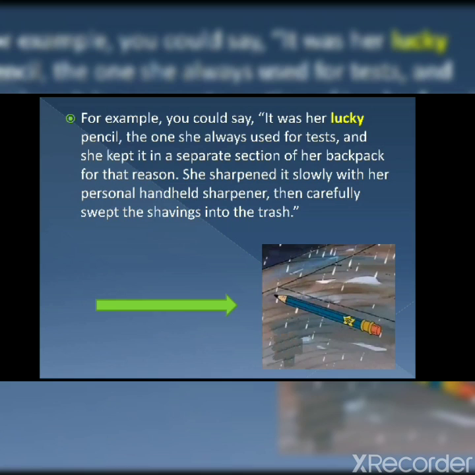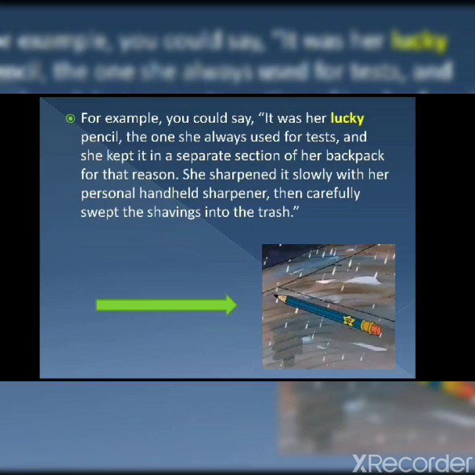And it was so important to her that she kept it in a separate section of the backpack, not mixed with other things. She sharpened it slowly, carefully, nicely, with a personal handheld sharpener, and then carefully swept the shavings into the trash.